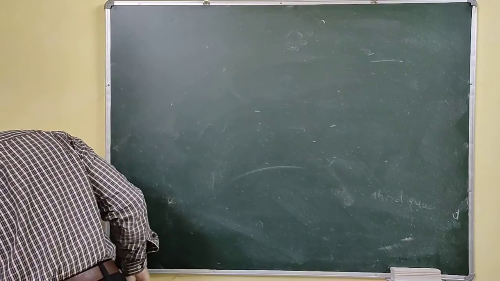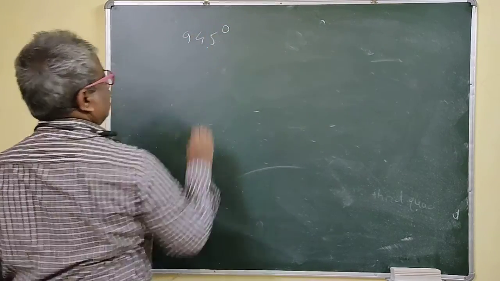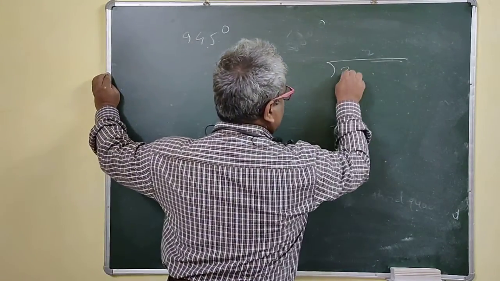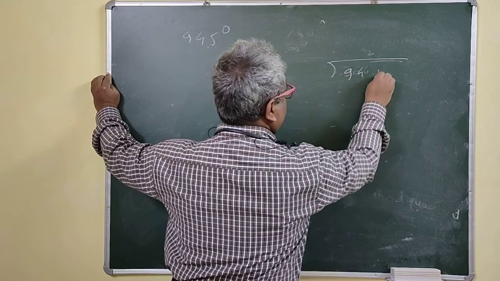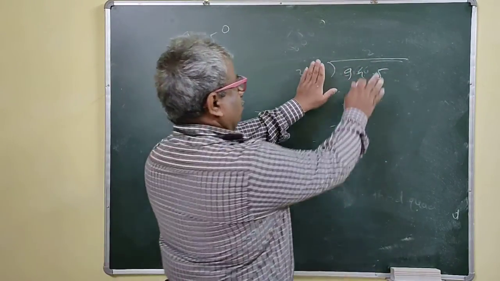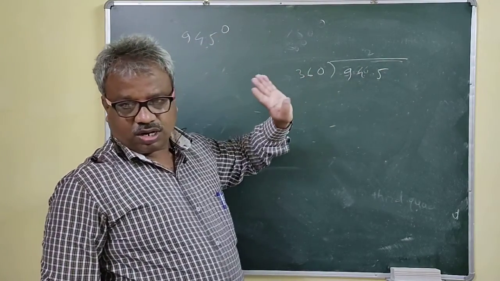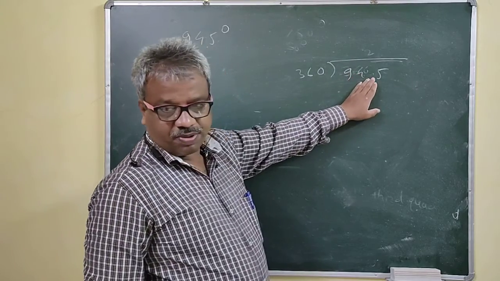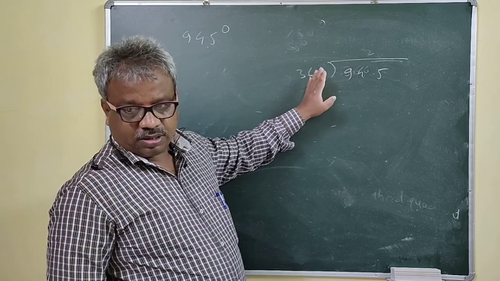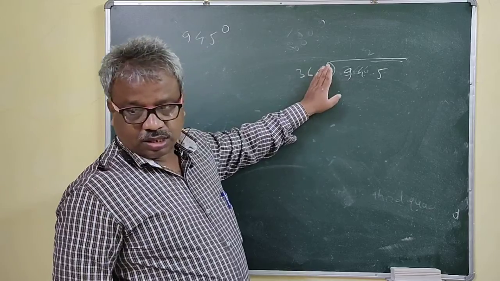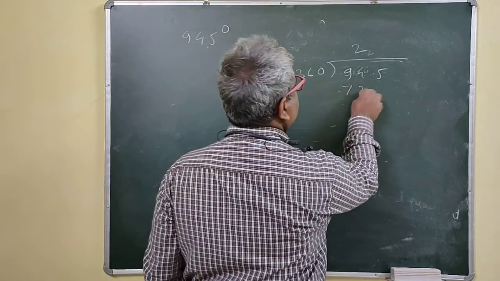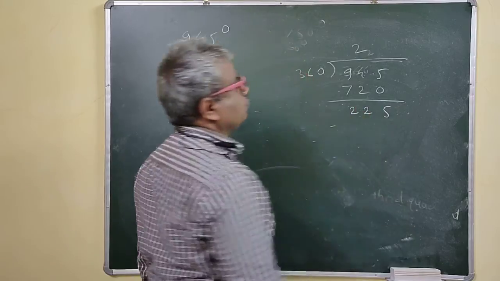Now next, 945 degree. Again it is greater than 360, so divide by 360. 3 times 360 is more than 945, so it is not divisible by 3; we have to take 2. That gives 720, and the remainder is 225.